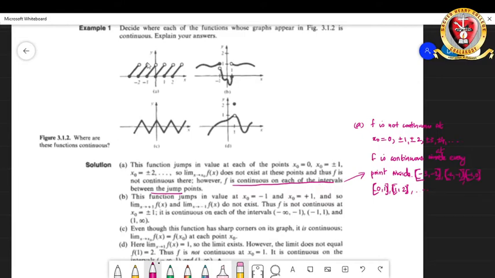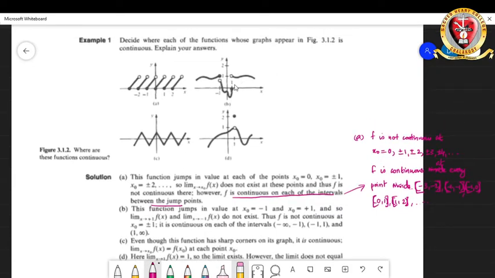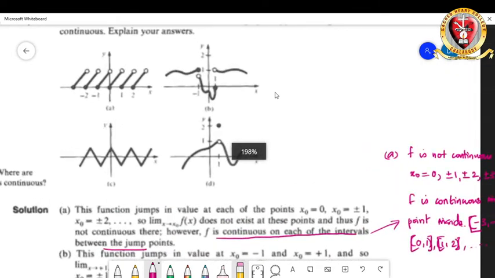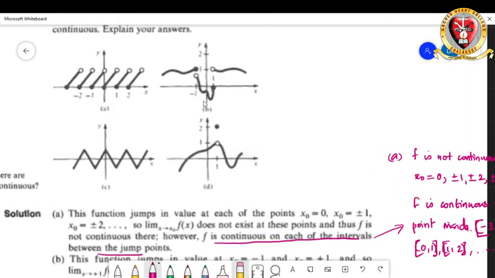And as you can see, for the second example, the function given is drawn in the figure. When you look at the figure, you can understand that if you are moving from the left of -1 and from the right of -1, the corresponding function values move from the left like this and from the right like this, and they are not coinciding. So at -1 the function is not continuous.